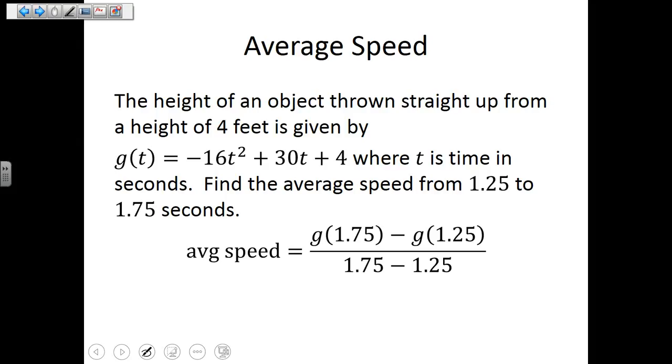Find the average speed. We can think of that as just find the average rate of change from 1.25 to 1.75. So this again is just a slope calculation. To get my y values, I plug those times into the function. My x values are my 2 times that I'm plugging in, 1.75 minus 1.25.